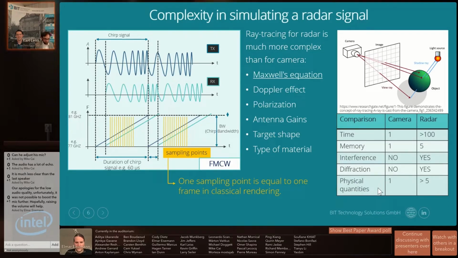Basically, in order to perform your simulation, you have to sample each and every ramp as a function of time, and the number of sampling points should be chosen in a very clever way, because one sample point is equivalent to a frame in classical rendering. So if you sample too much, you end up with a very long CPU processing.